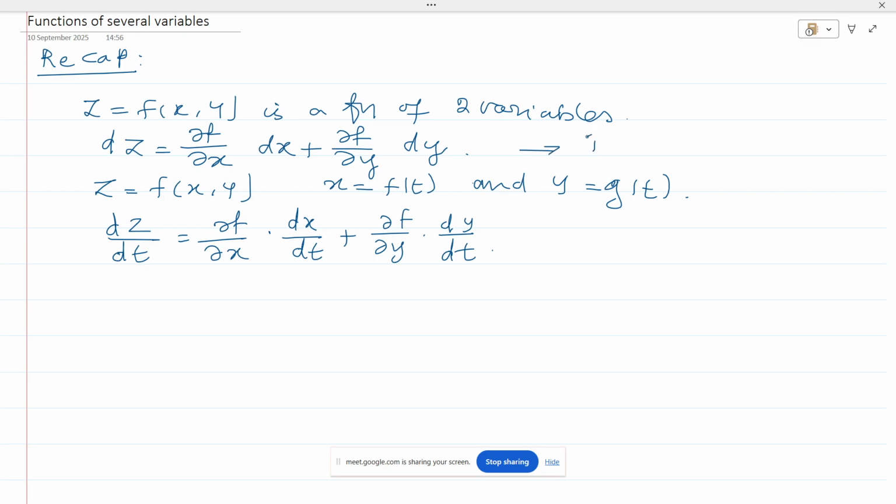So it is the first formula. It is the second formula. And then one more formula, this formula is based on the total differential.